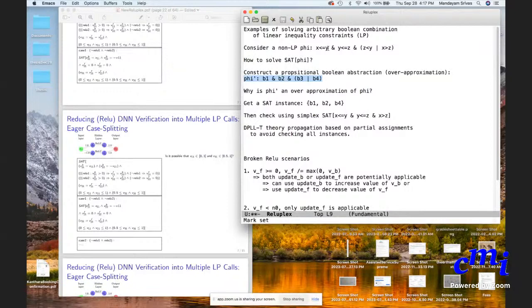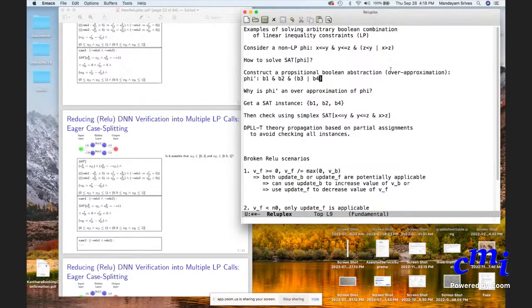The original formula is satisfiable only when phi prime is satisfiable. For this to be satisfiable, you have to have B1 and B2 true, and either B3 or B4 true. Phi prime is true when B1, B2, and B3 are true, or B1, B2, and B4 are true. I call it an abstraction, firstly because it hides the detail that B1 is actually an inequality.